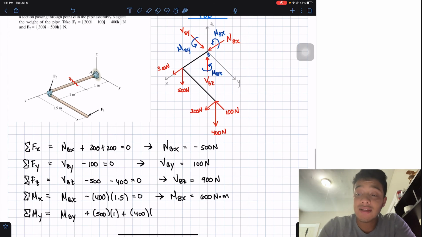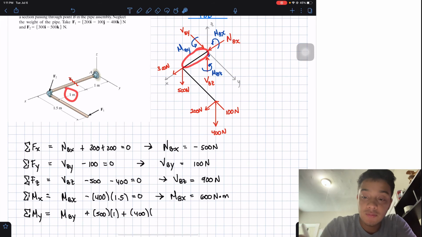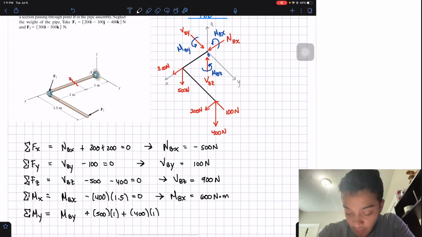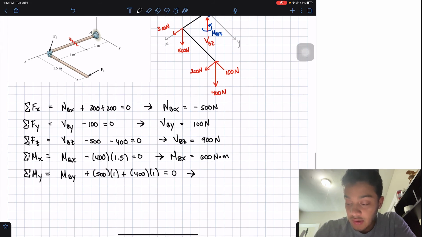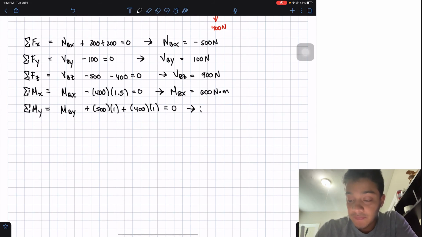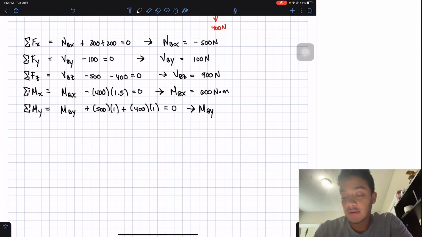Well, the distance is the same. It's this length over here, which is equal to 1 meter. So multiplied by 1 should be equal to 0. If we were to solve for my unknown, my moment at point B in the y-axis, this should be equal to negative 900 newton meters.